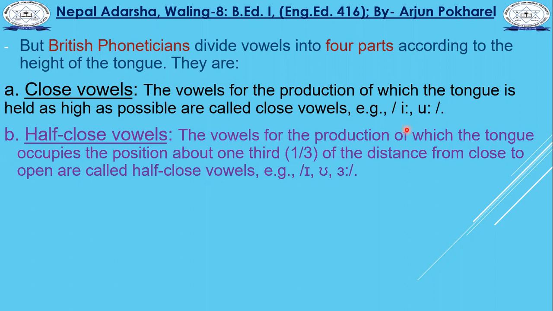In this way we have three different vowels known as half closed vowels: short e, short u, and the longest r.